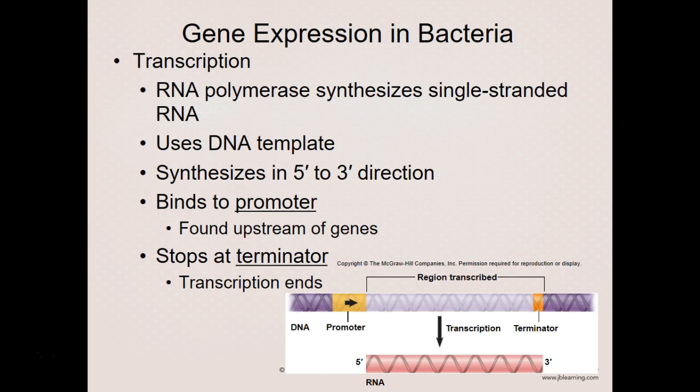The direction that RNA polymerase runs is 5' to 3' direction, so it can only attach to a 3' end. It binds to a region on the DNA called the promoter, and it stops the transcription at a region on the DNA that's called the terminator.